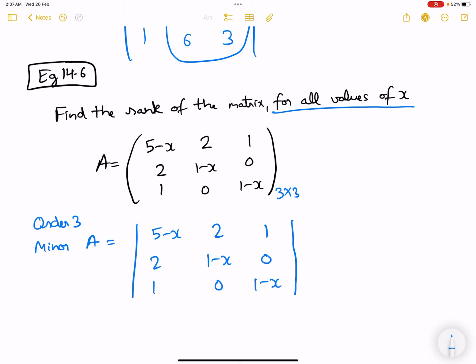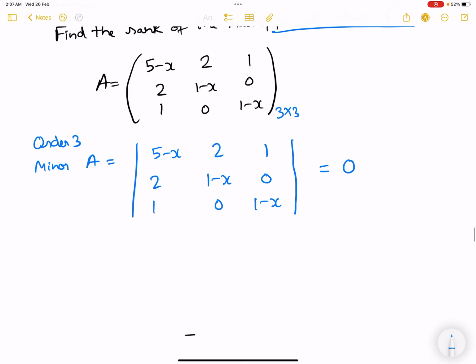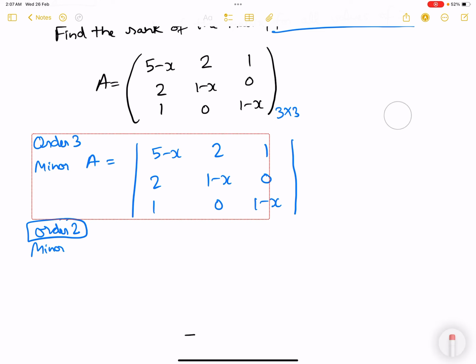If this determinant comes out to be 0, then we will check for minors of order 2. But if this doesn't come out to be 0, then the rank of the matrix is 3. So just find out what the determinant would be in this case.